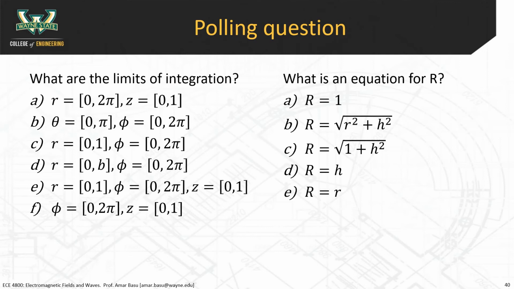There's only A, B, C, D, E, and you can see here that there's A, B, C, D, E, F choices. So just cross off F. That's not going to be one of your options, and it's not one of the correct answers here. So we'll make it easier for you. Go ahead and take a second to think about this. What are going to be our limits of integration?